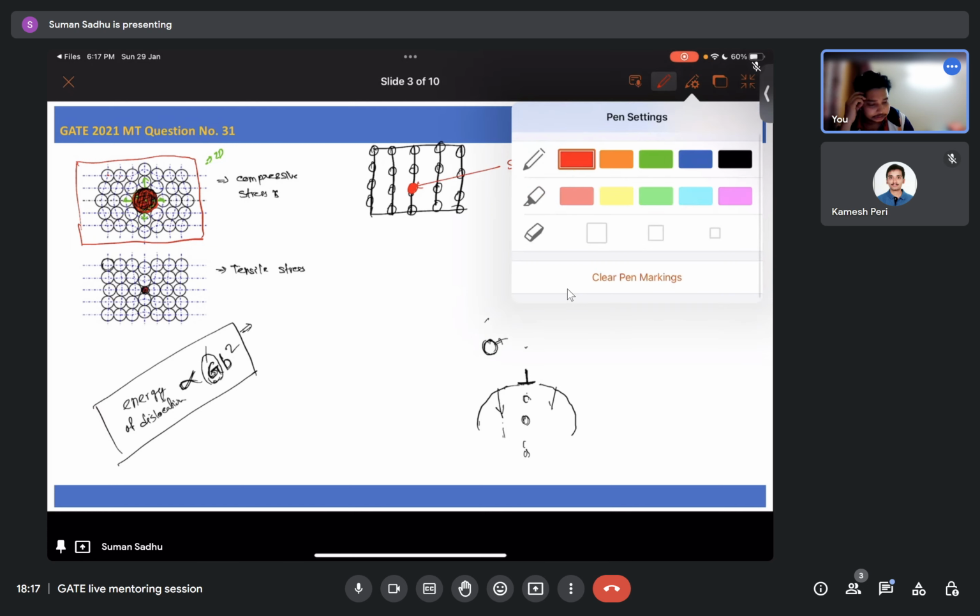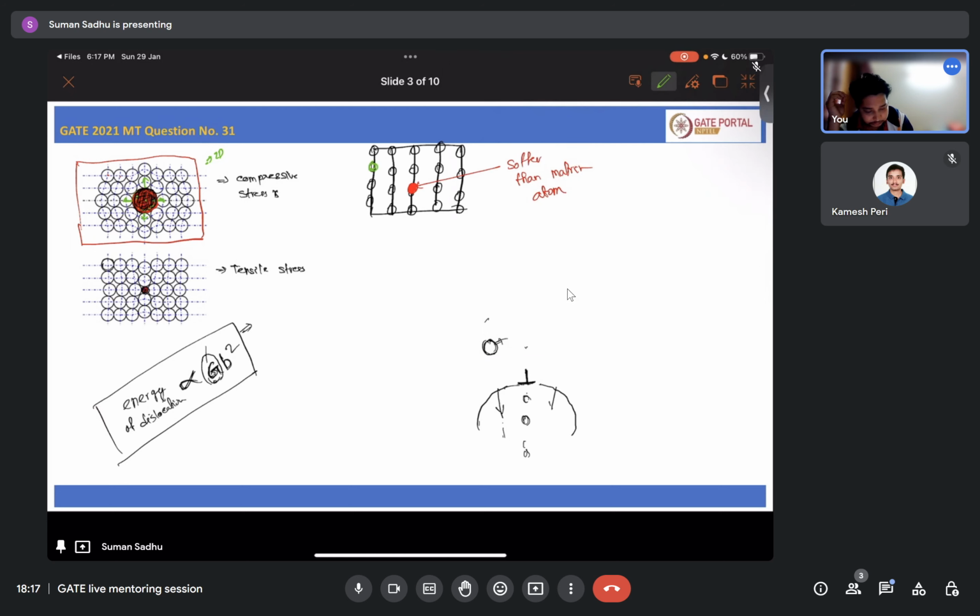Similarly, let us put one more atom here. We can extend this matrix a bit. Here this atom is relatively harder.